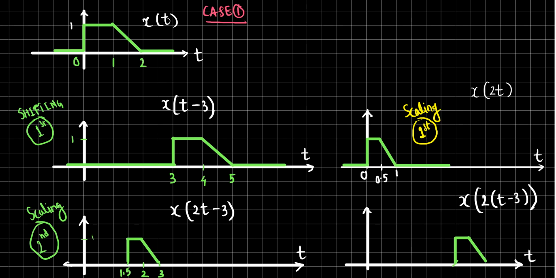So it will start from 3, it will go to 3.5 and 4 here. So what we have done here? We have done the shifting.